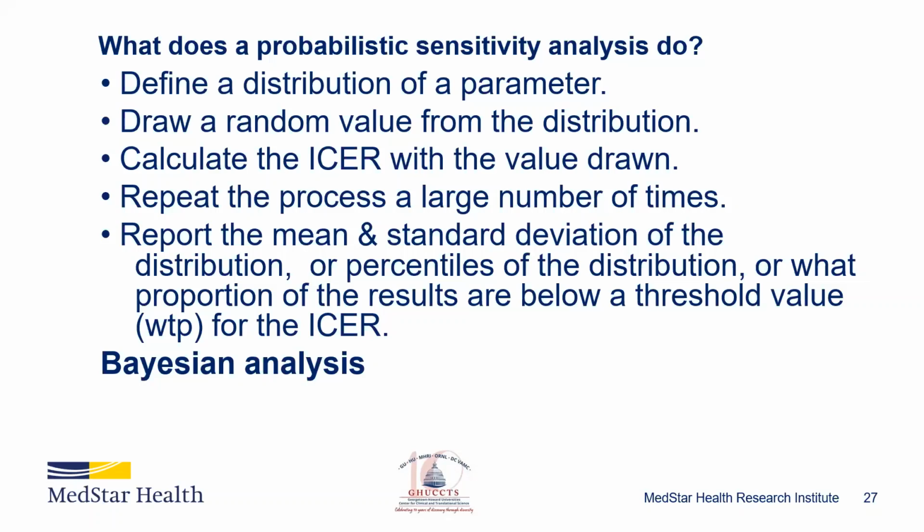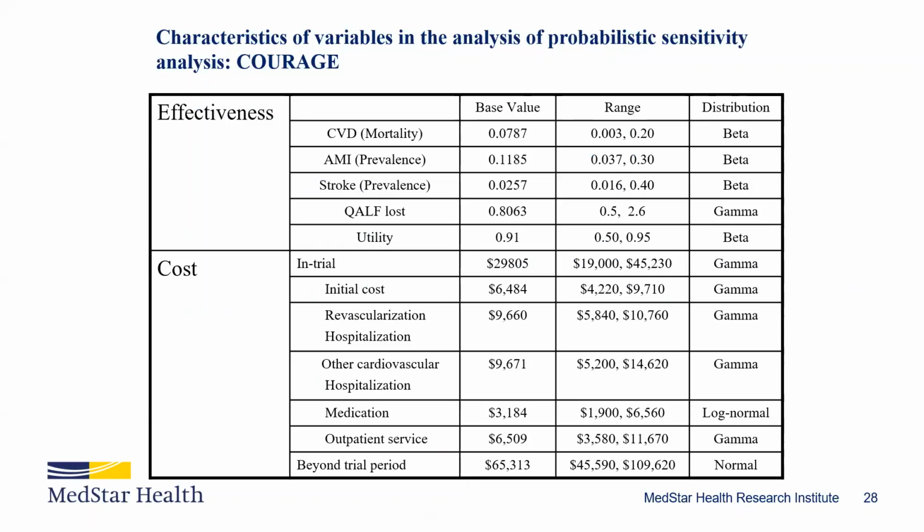where we have been able to draw simultaneously different values for the particular parameters. And so this is an example from a COURAGE study that we did some time ago, where we have effectiveness, utilities for different events, and then we have costs for different events, revascularization or hospitalization, medications, and so on, and a distribution.